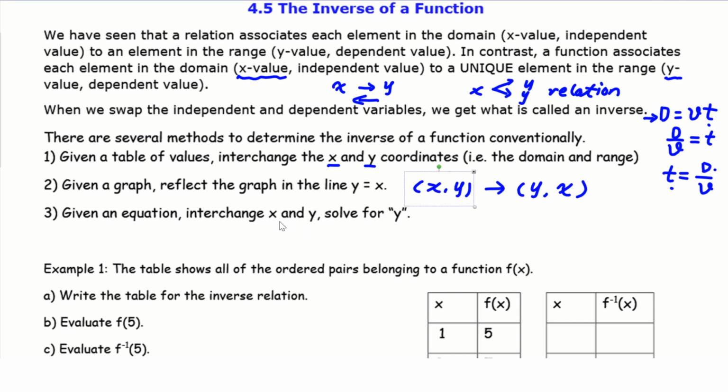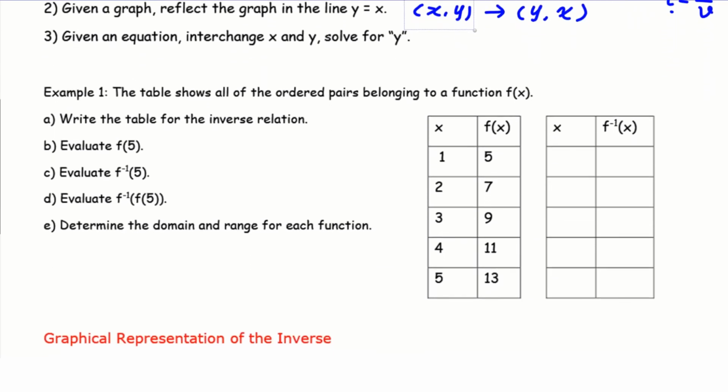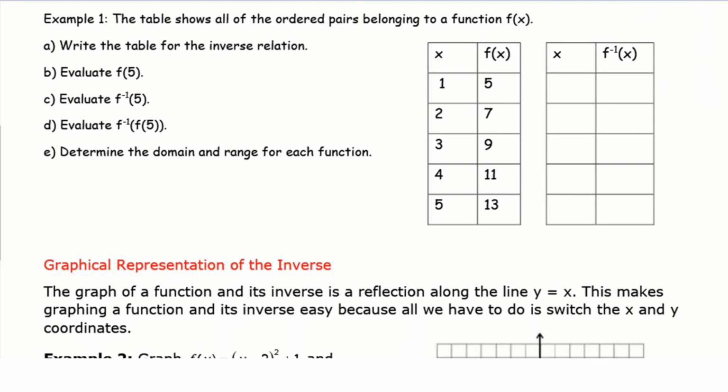If an equation is given, we just switch x and y and solve for y. So there are three forms given, and we find the inverse of the function differently. We are going to see them from the examples.